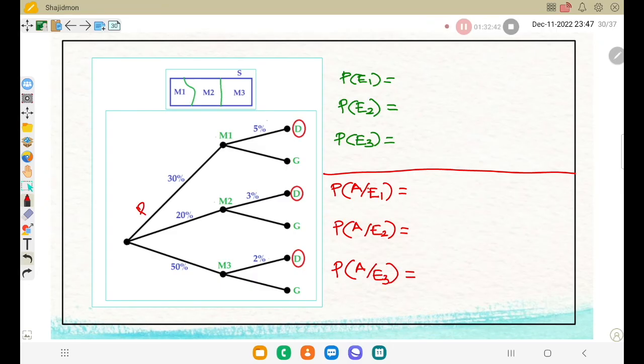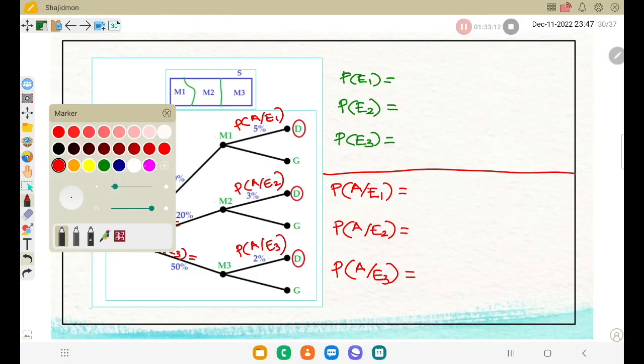So this is probability of E1, this is probability of E2, this is probability of E3, and here probability of A given E1, this is probability of A given E2. A means defective bolt, D means A, same. M1 means E1, M2 means E2, M3 means E3, correct? So probability of A given E3. Okay, so we can write the answers one by one.